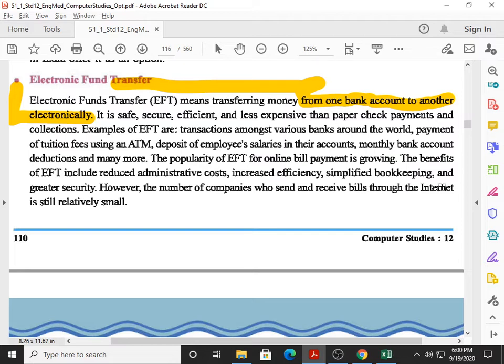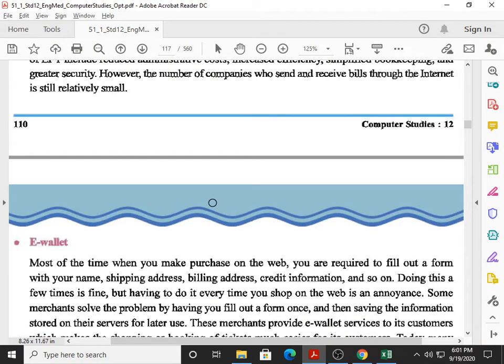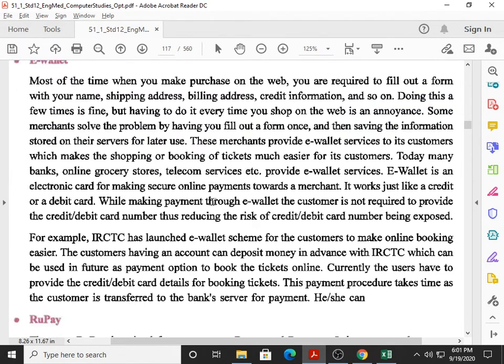However, the number of companies who send and receive bills through the internet is still relatively small. This facility has to be used by people more and more, but compared to reality, what is given in the textbook and what is right now going on, both are different. It is still not popular the way it is required to be. Next is e-wallet.